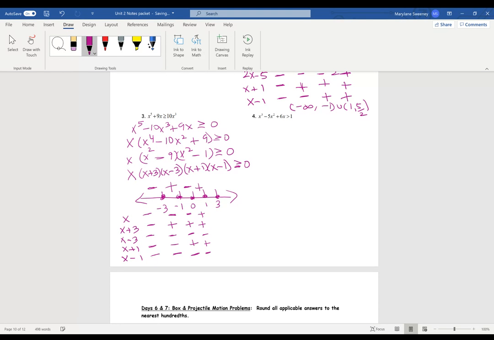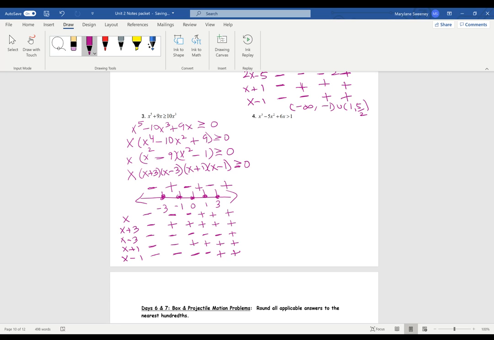That would overall be a plus. Between 1 and 3, I'll pick 2: positive, positive, minus, positive, positive. So overall, that's a minus. And then finally, to the right of 3, I'll pick 4: plus, plus, plus, plus, plus, which is overall plus.